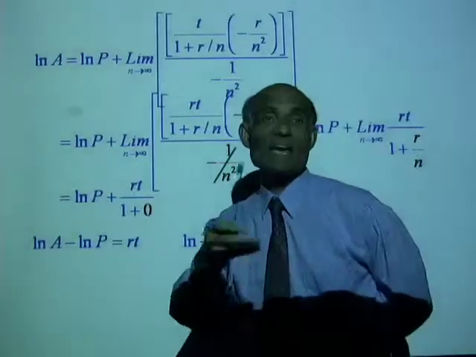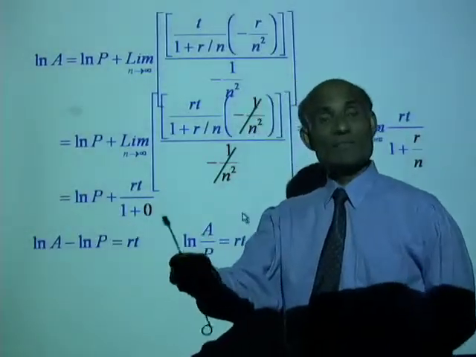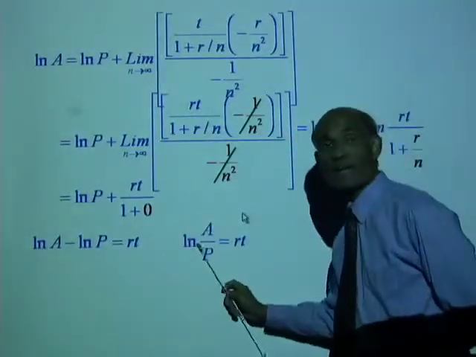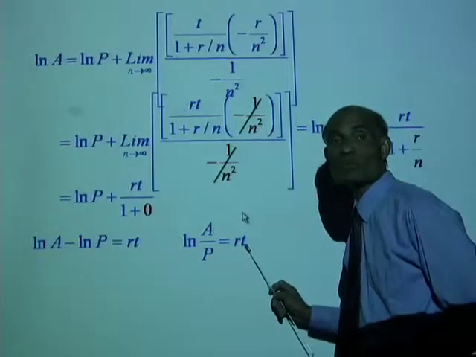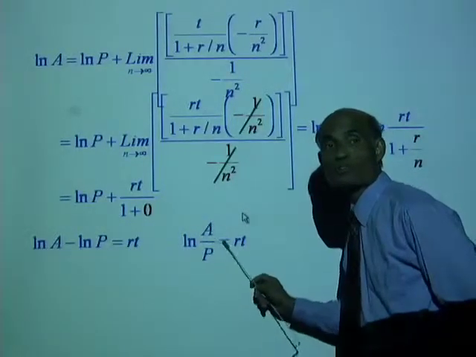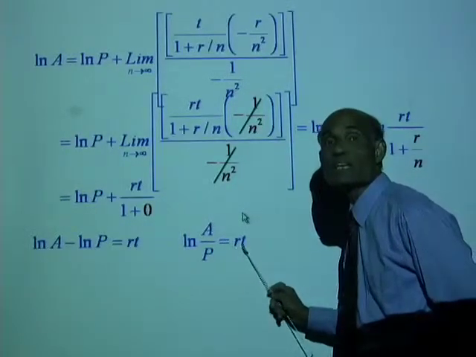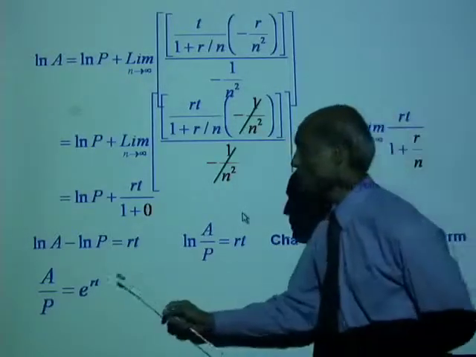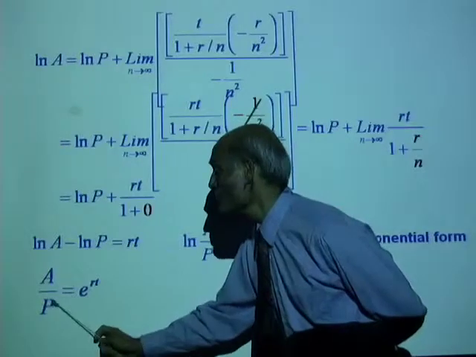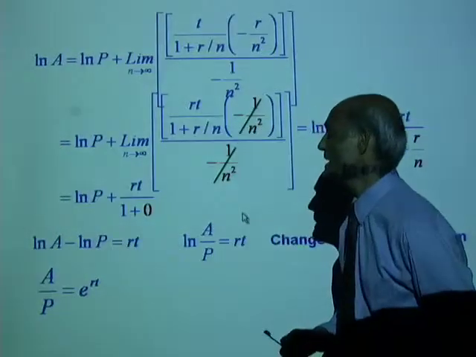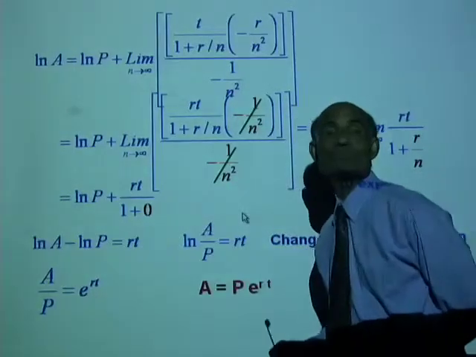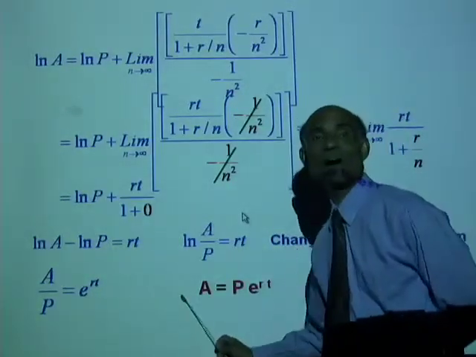If ln x equal to y, then x equal to e to the power of y. If ln A over P equal to RT, then quantity A over P is e to the power of RT. There you go. So we get A over P equal to e to the power of RT, and that gives you A equal to P e to the power of RT.